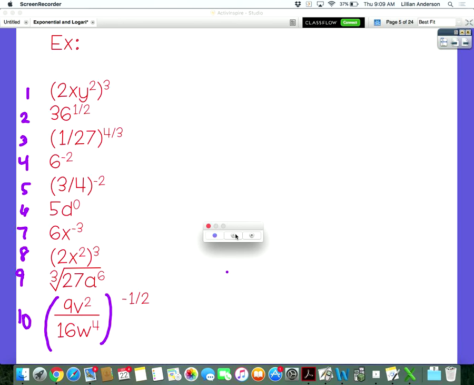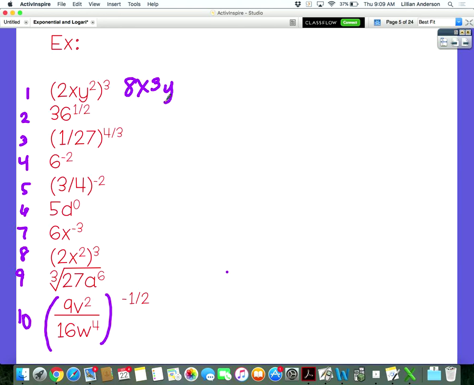Alright, so here we have a power on the outside, which means that you have to cube everything on the inside, including the 2. So hopefully you had 8x cubed y to the 6. You guys have that? You didn't forget about the 2? Awesome. Here, that 1/2.